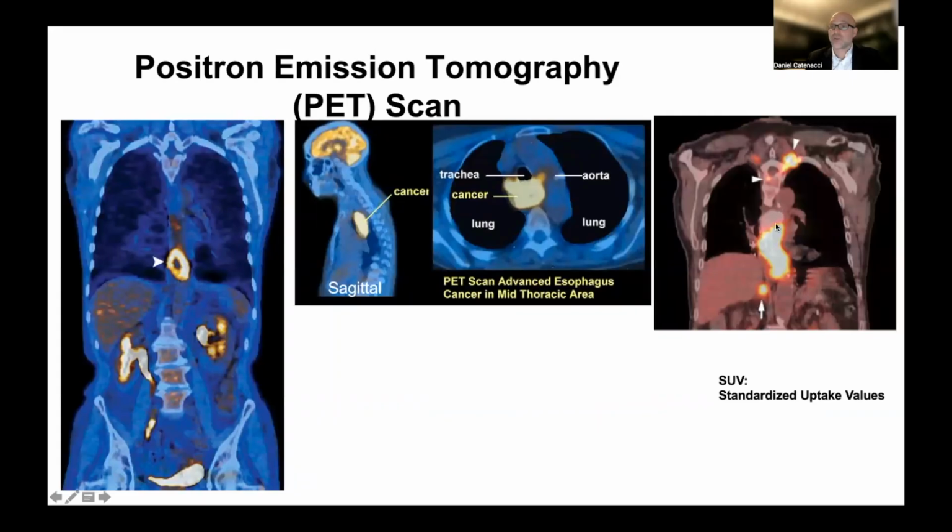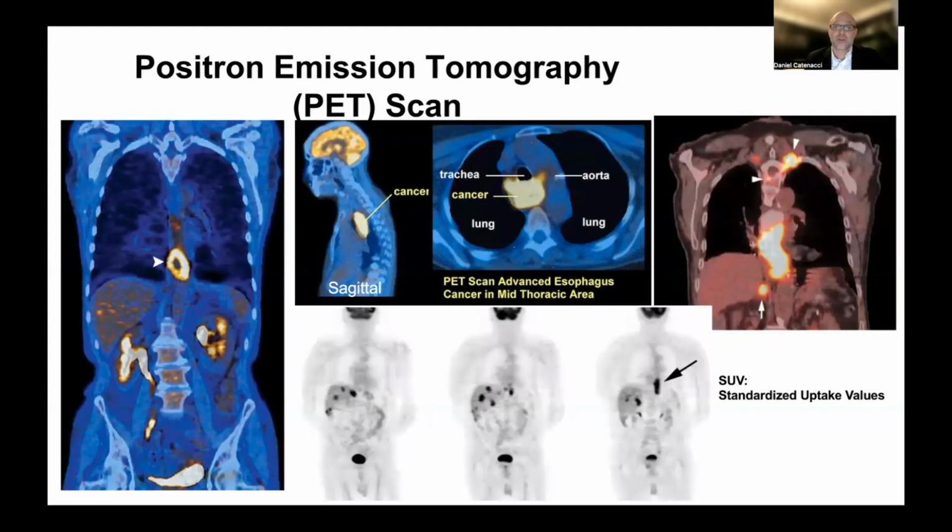On the other hand, we showed an example where we had distant metastatic lymph nodes. Often these lymph nodes don't look abnormal on a CAT scan, but then a PET scan will show them uptaking, which is showing us concern that there's spread there. And on occasion, if we really want to be confident and sure, we can biopsy this to get a pathologic M stage and be confident that we are dealing with metastatic disease to distant lymph nodes.